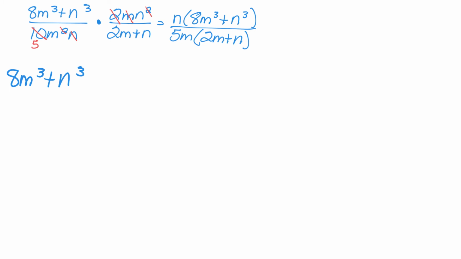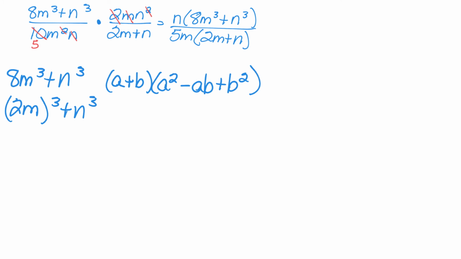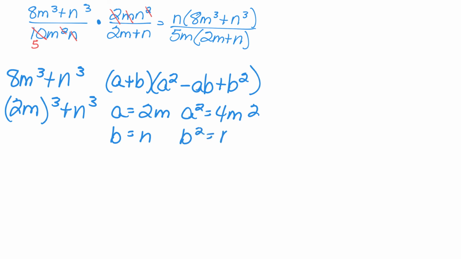So this would become 2m cubed plus n cubed. So this is our formula for the sum of cubes. So we know that a is going to equal 2m, and a squared will equal 4m squared. And b is the n, and b squared equals n squared.